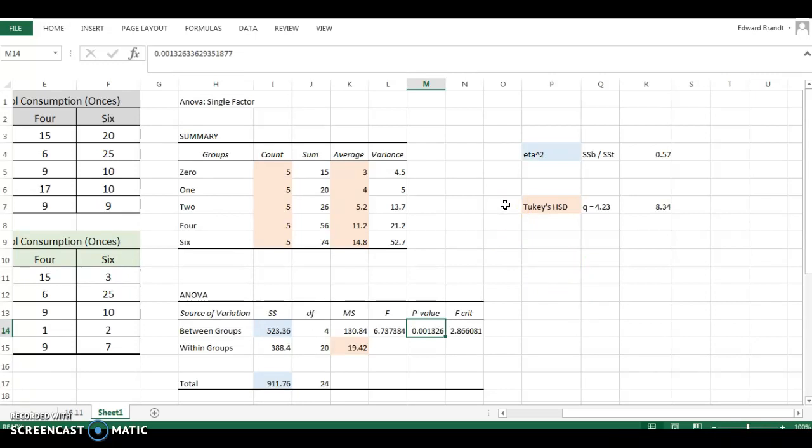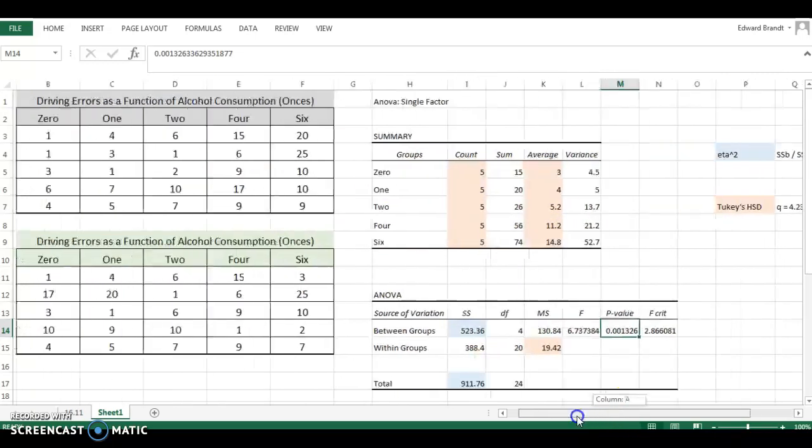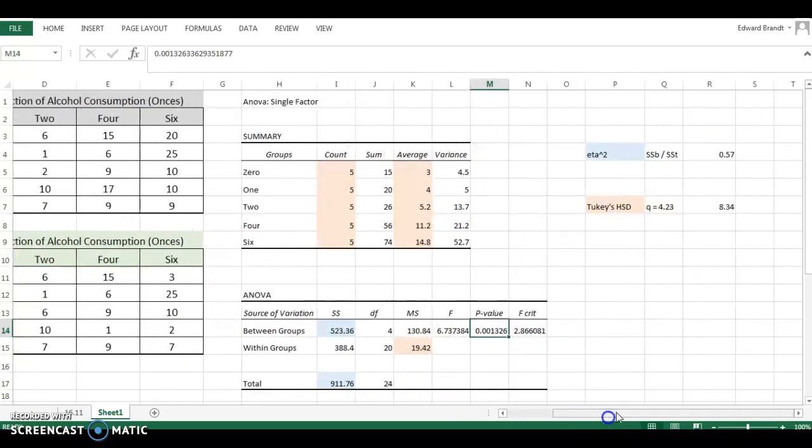conduct Tukey's HSD test to pinpoint exactly which one of these sets or pairs we can say produced a significant difference. And this part here, Excel does not do that for us, but I calculated this using the formula within, or produced a formula for it.